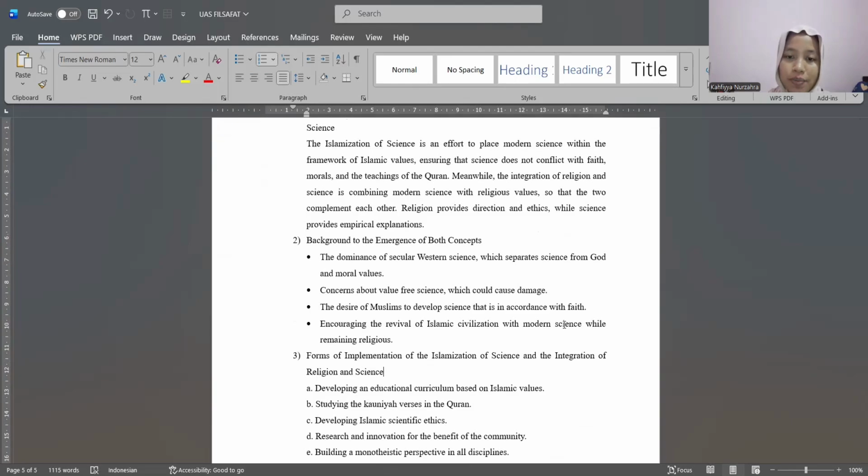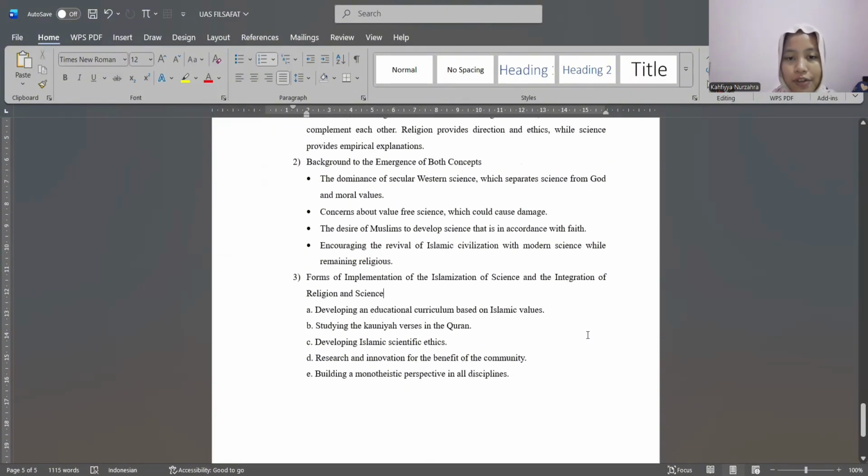The desire of Muslims to develop science that is in accordance with faith, encouraging the revival of Islamic civilization with modern science while remaining religious.